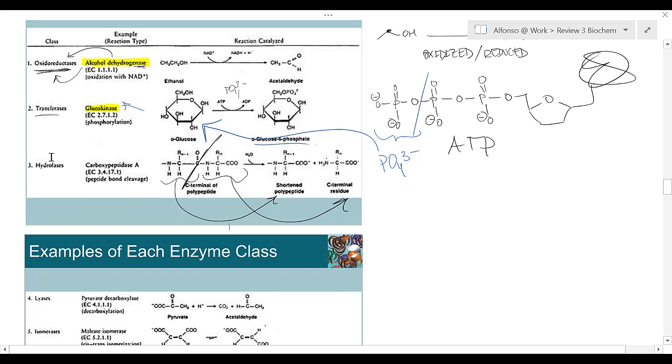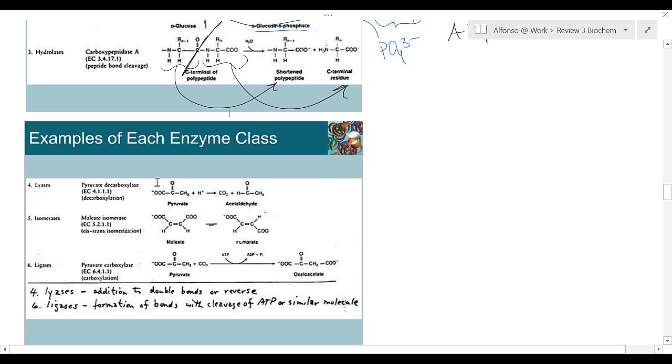All right, and then we also have lyases, and these cleave using pretty much anything but water. So lyases cleave just like hydrolases, and they also form bonds.